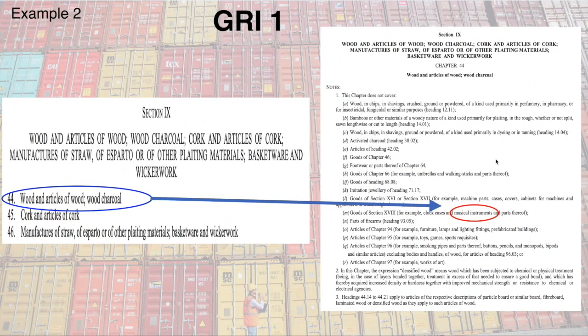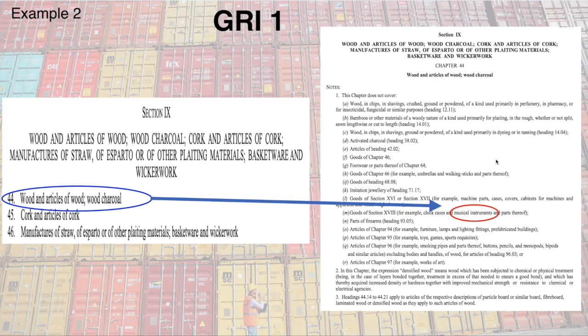Well, we are now in the chapter notes. They are not section notes, but there is a quite extensive chapter note. This chapter note indicates that this chapter does not cover, it says specifically there, it is a chapter note of the exclusive type, as we already indicated in the past lesson.